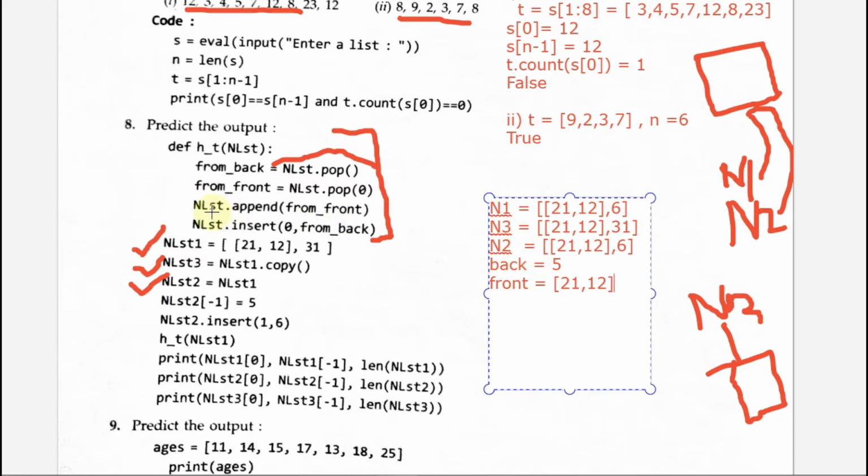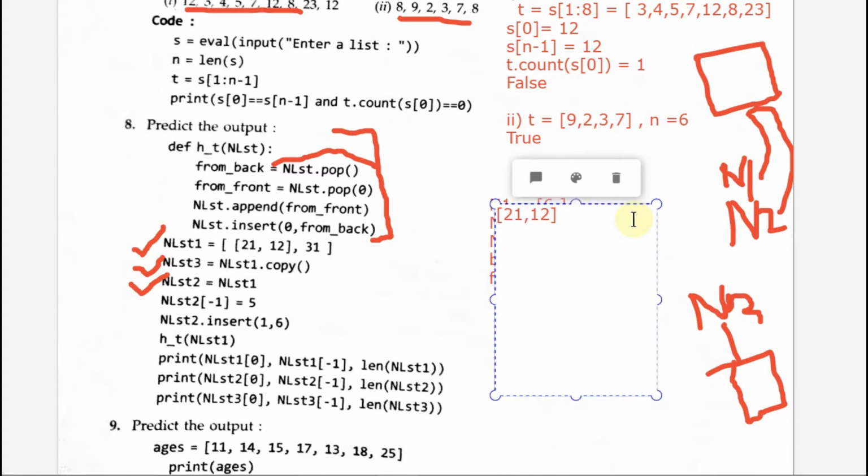And after which, NLST.append. Here when I am popping the first element, this will be deleted. And when I am appending from_front, it is going to get appended here in this position.